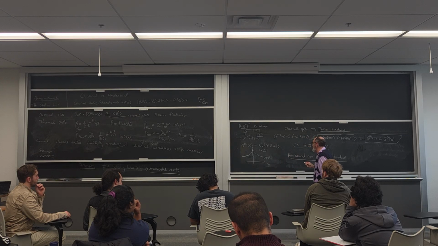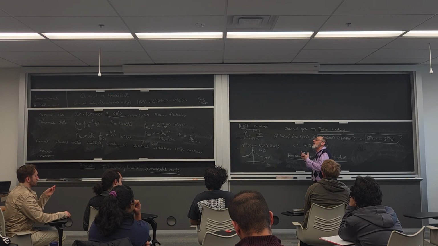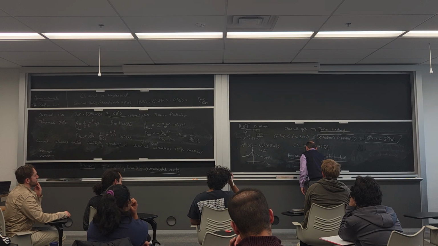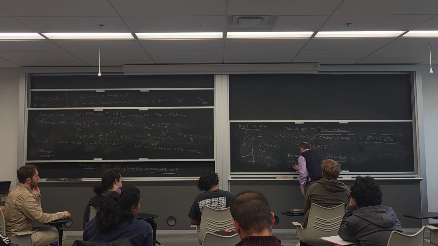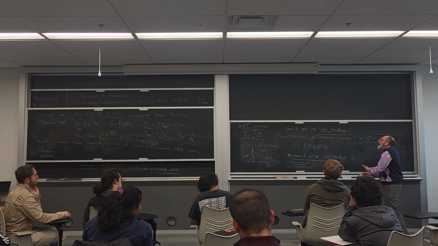An example of an anti-bunched source is a single photon emitter that emits single photons in a regular fashion. So if I had a beam such that in every temporal mode I have exactly one photon, then that is anti-bunched.